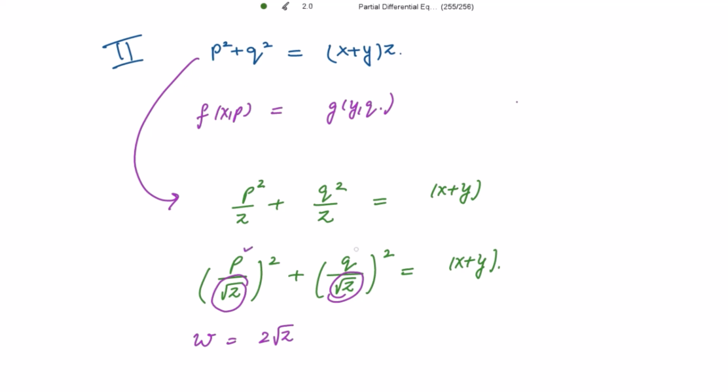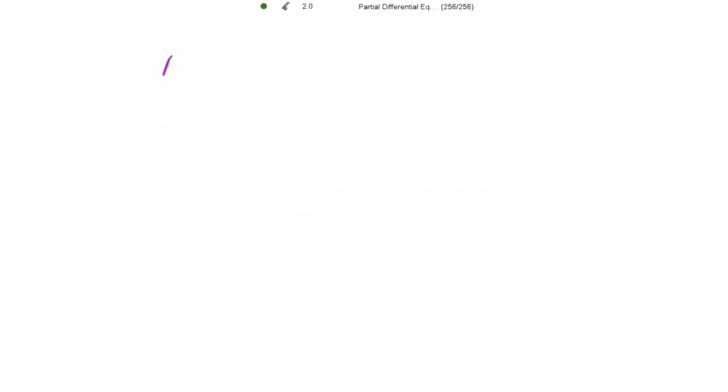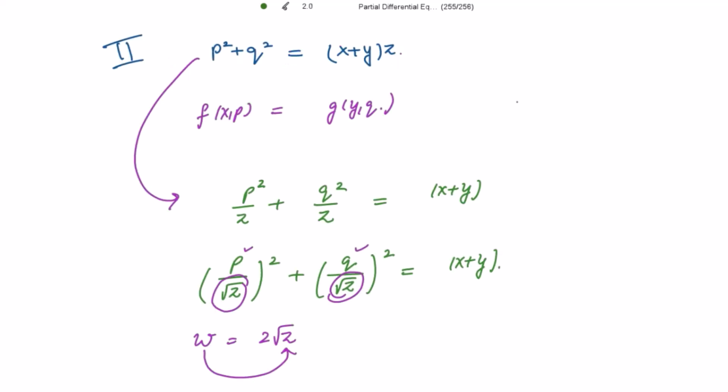For p and q, I know that small p is ∂z/∂x, which by the chain rule we can write as ∂z/∂w into ∂w/∂x. From here we have w = 2√z.